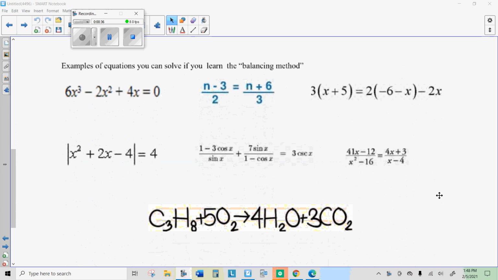These are all equations that are going to show up in your math and science classes, and you're going to have to be able to solve that. And backtracking will not get the job done.